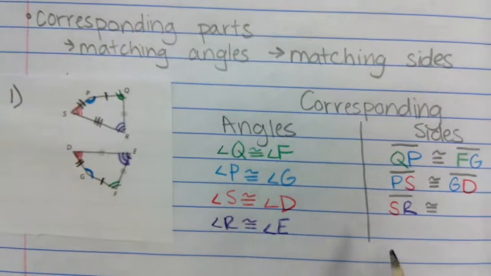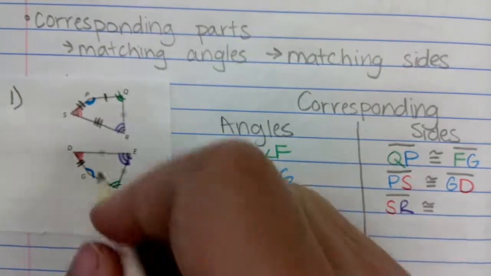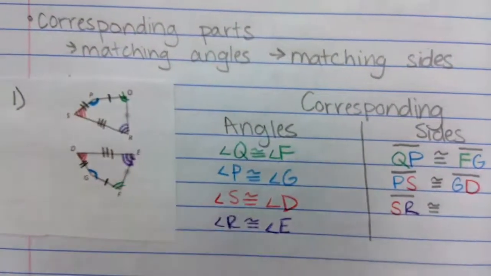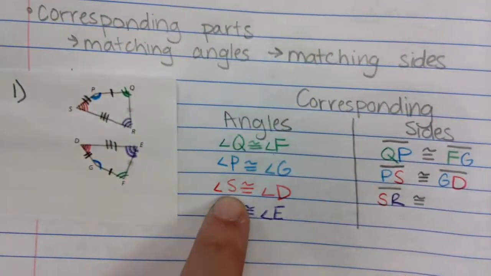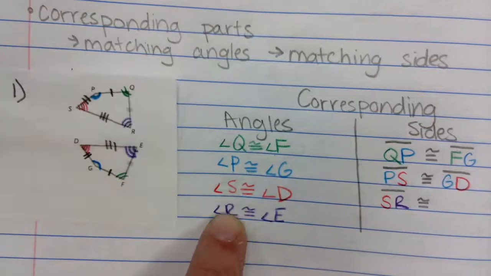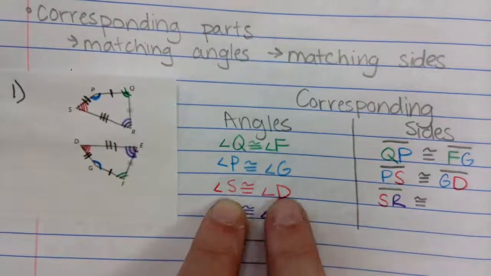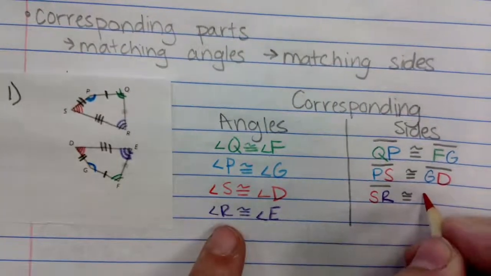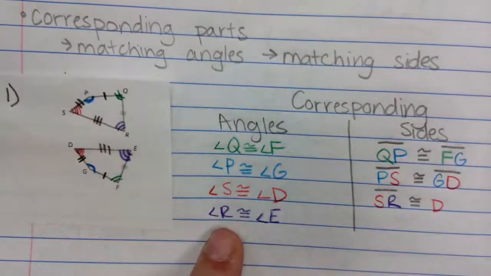So what's going to match with SR? DE. And I could tell that right here from angle S, from that point S to R, the point that matched with S was D. And then the point that matches with R is E.